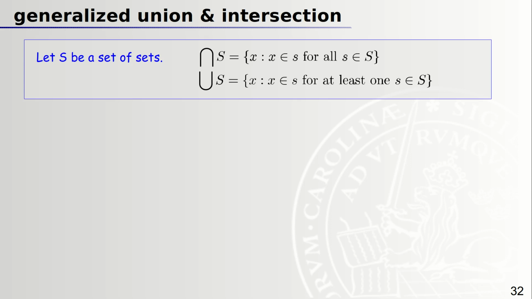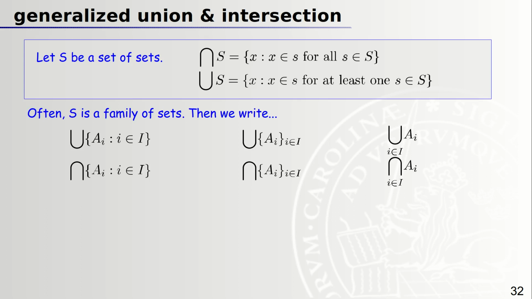Then the generalized intersection over S, which is denoted by this large inverted stylized U, is the set of all elements that are contained in every set in S. The generalized union over S, denoted by the large stylized U, is the set of all elements that are contained in at least one set in S. When S is a family of sets indexed by an index set, then often one of these notations is used.